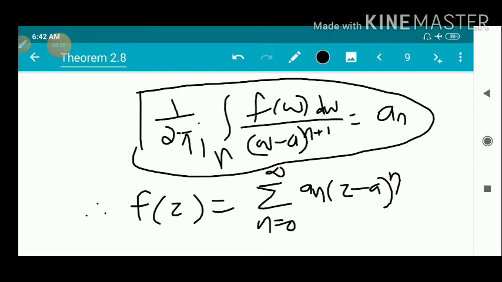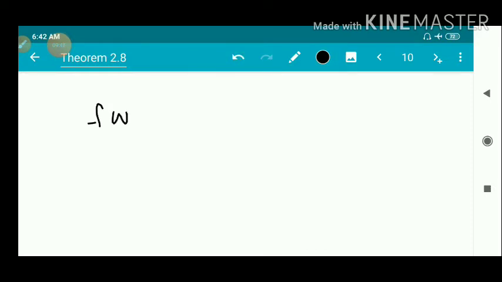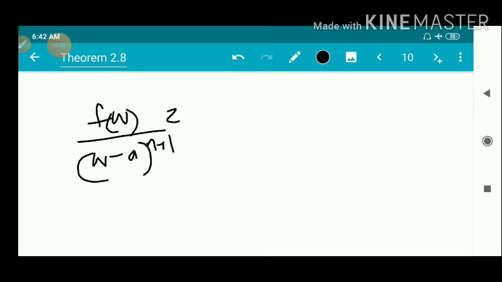Now we have to show that this series is convergent, and also we have to find the radius of convergence is greater than or equal to capital R. So for this we consider the terms f of w divided by (w minus a) all raised to n plus 1 into (z minus a) all raised to n, that is f of w divided by (w minus a) all raised to n plus 1 into (z minus a) all raised to n. Consider the modulus of this term.